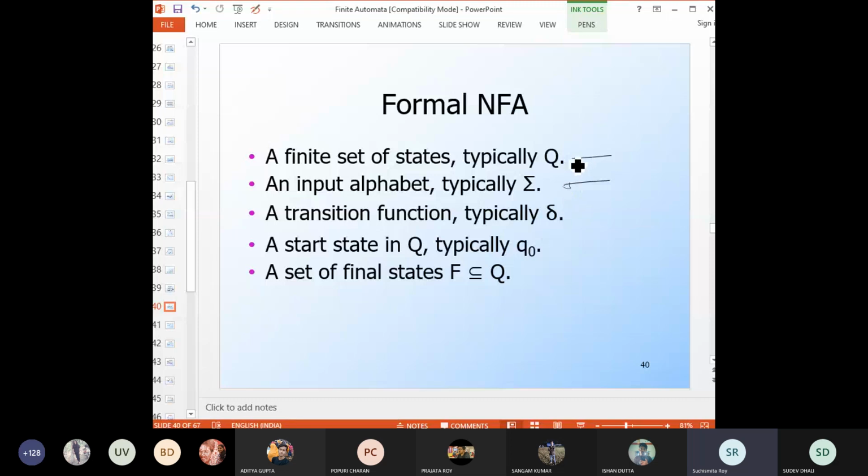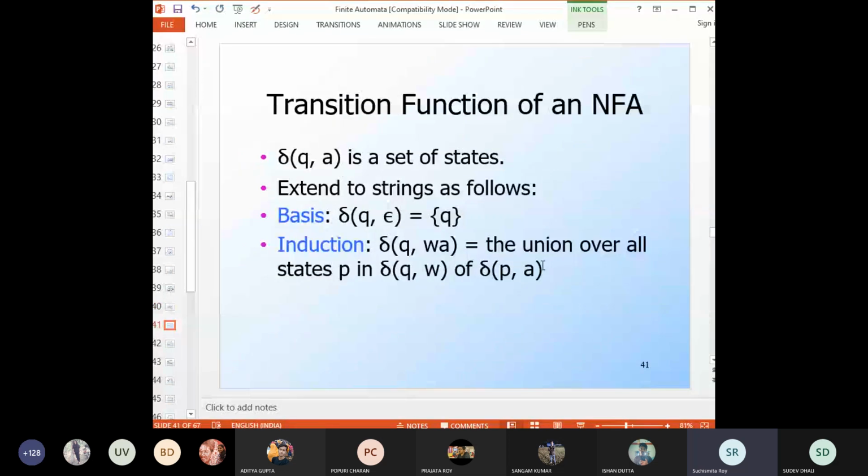Input alphabet means the same thing. Transition function is defined in exactly the same way. But there is a distinction here which we'll see. The start state and the final states are also defined in exactly the same way. So what is the difference? This difference is in the transition function.